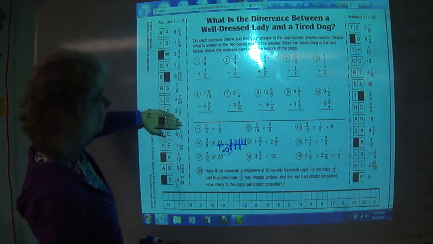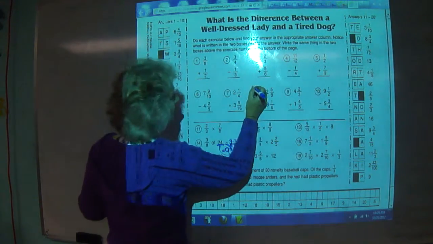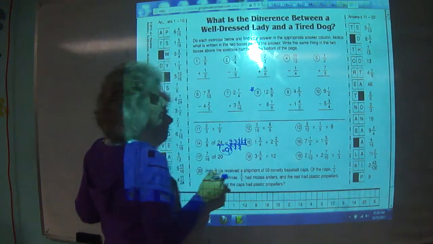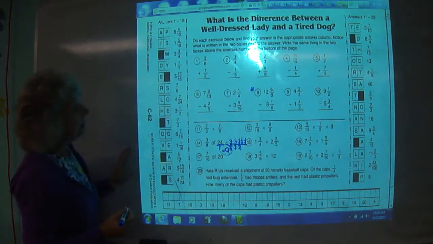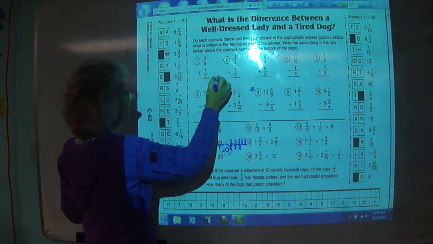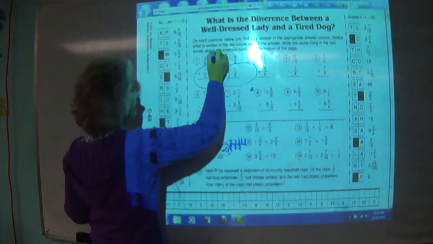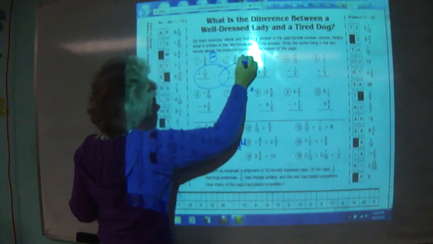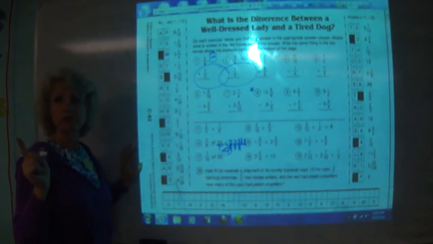Now here's the tricky part. Let's do number 8, because it's both subtraction and the common denominator isn't immediately apparent. So I have 8 and 6, and I'm going to draw the Venn diagram right on top of this. What are the factors of 8? 2, 2, and 2.